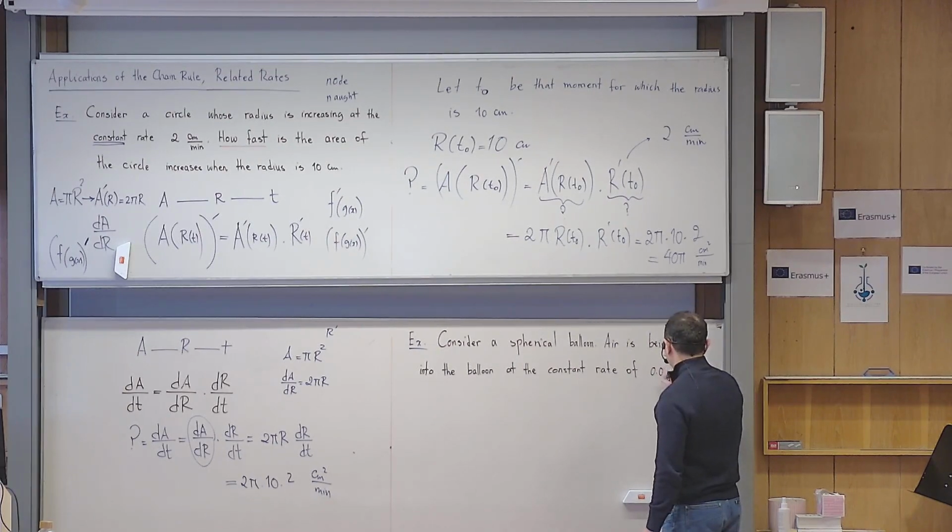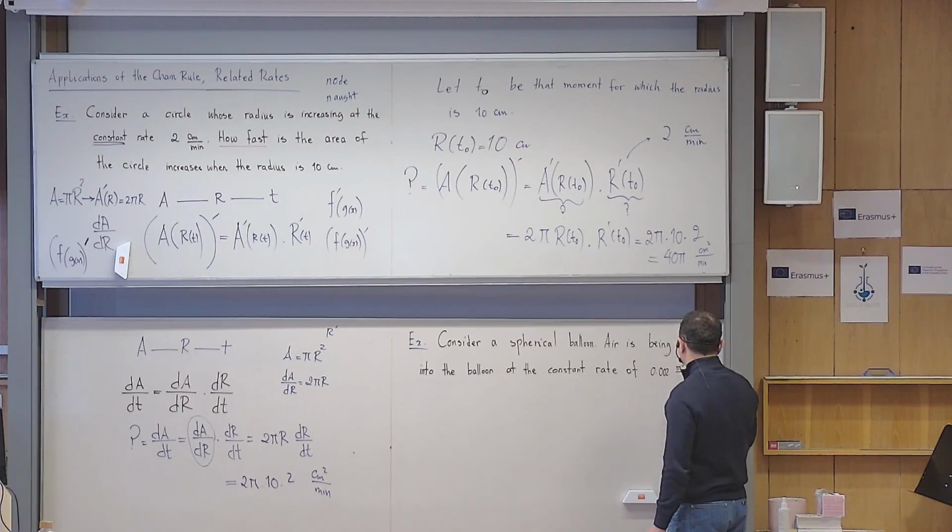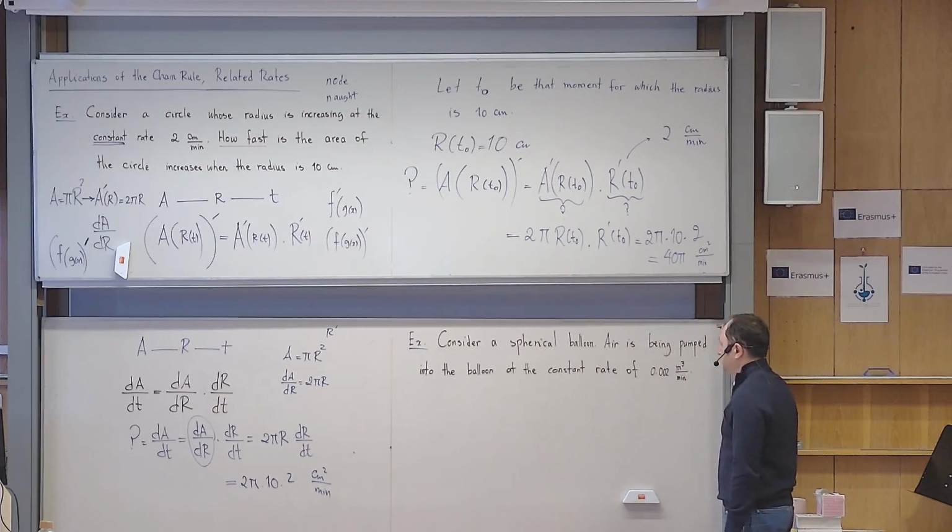So this is too much, so let me make it smaller. 0.002 cubic meters per minute. I assume that it always remains spherical. Air is being pumped into the balloon at the constant rate of this many cubic meters per minute.